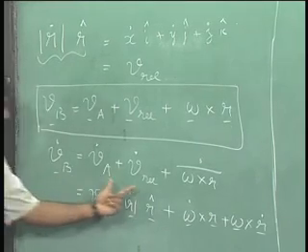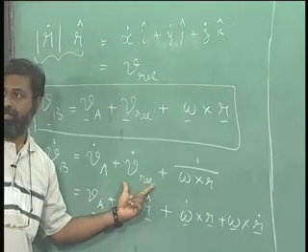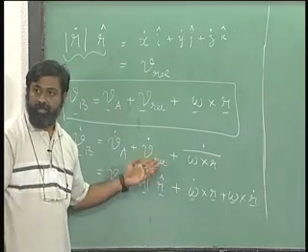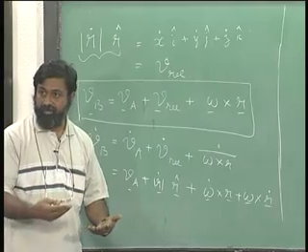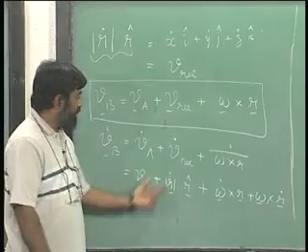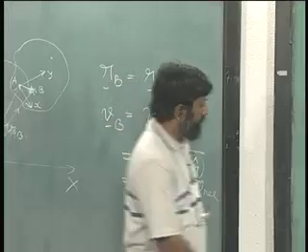Remember, V relative, V dot relative is a vector again, and if I take a derivative of that, I will have to take the derivative of the magnitude as well as the direction, and that is an important thing that we have to do. This whole thing dot.